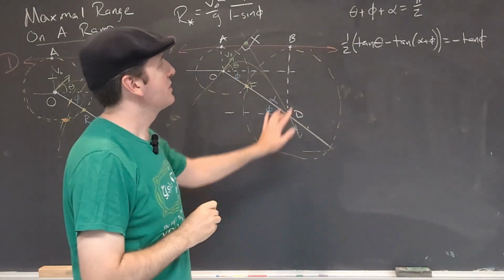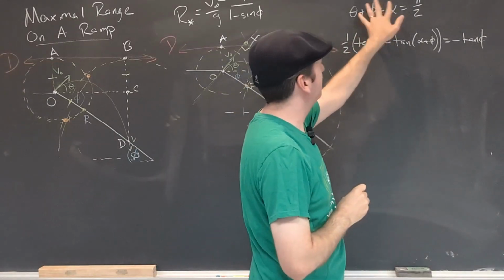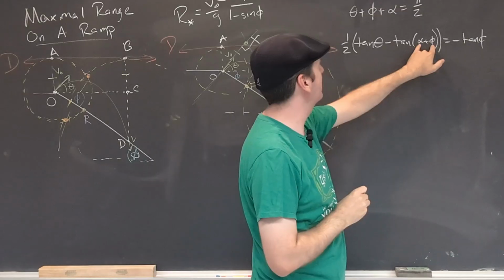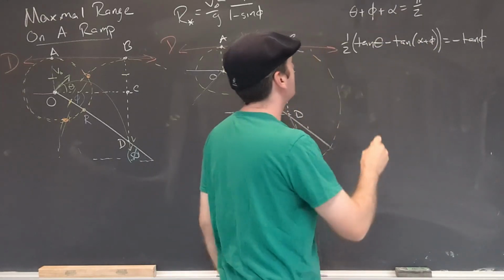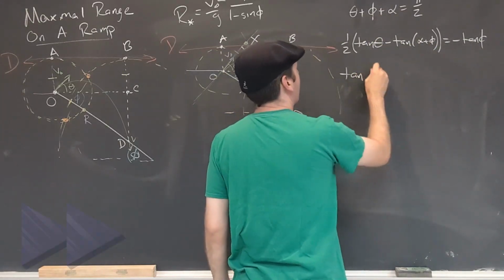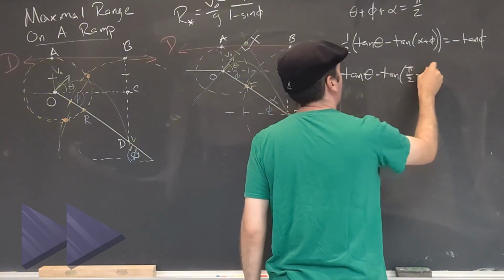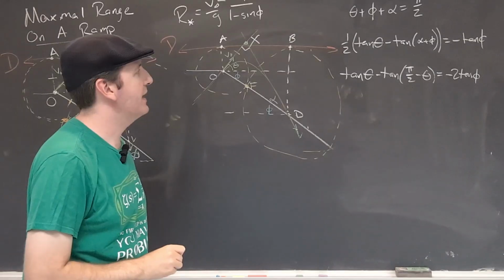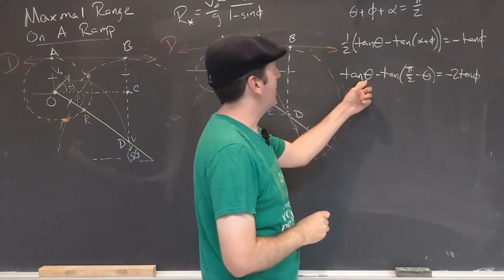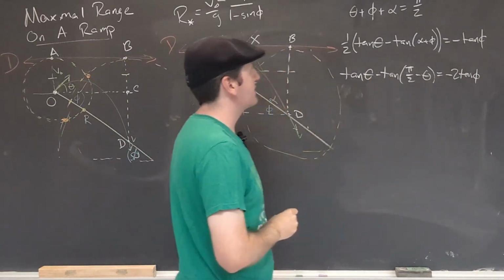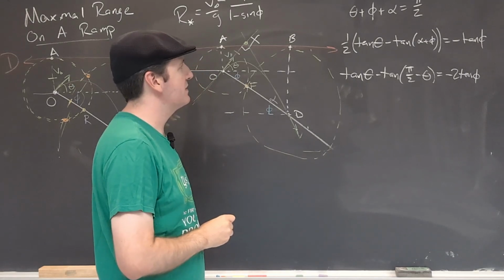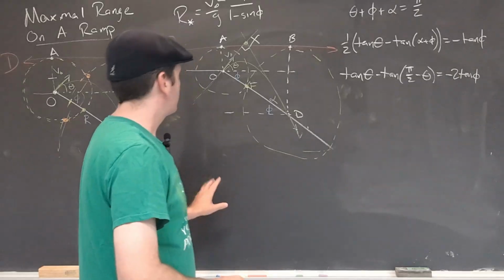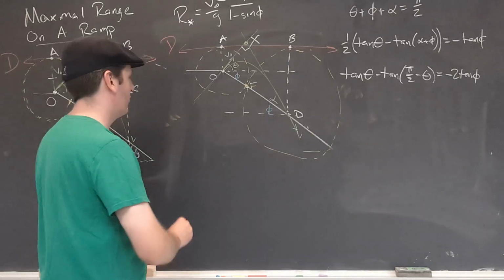Okay, so let's take this expression that has an alpha in it and plug it in down here. In fact, I'm just going to replace the alpha plus phi itself with pi over 2 minus theta. Okay, that's not so bad. Now this difference of tangents can be simplified using the tangent difference formula. Let's recall just over to the side how that might work.